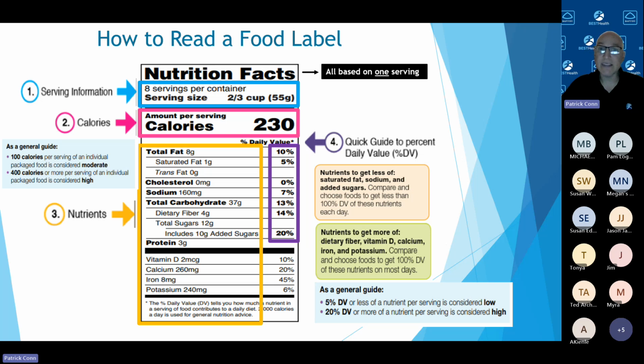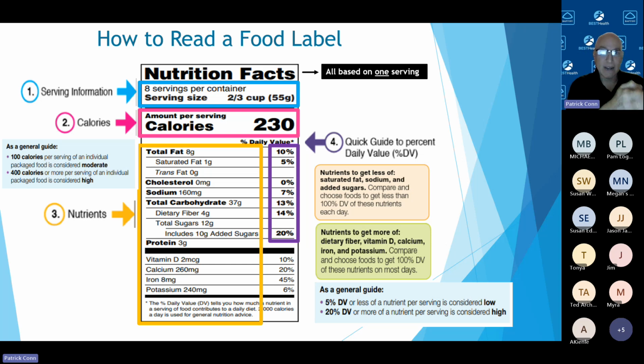You can see here it says, as a general rule, 100 calories per serving of an individual packaged food is considered a moderate amount of calories, meaning that you need to control the portion still, whereas 400 calories or more per serving of an individual packaged food is considered a really high amount of calories. Therefore, you definitely have to control portions. If not, maybe look for a similar item that has less calories.